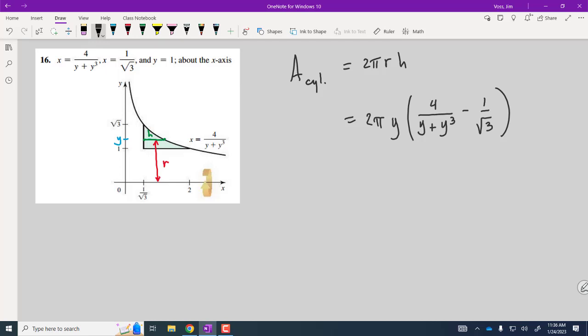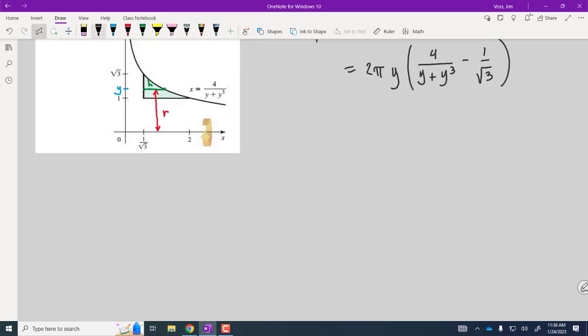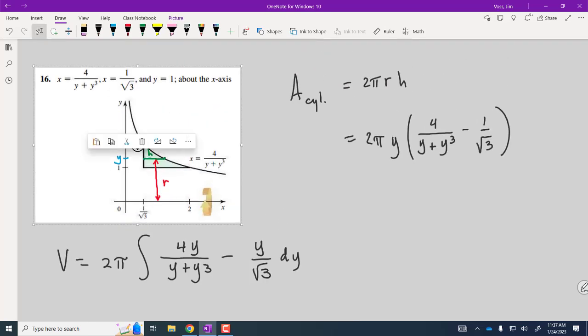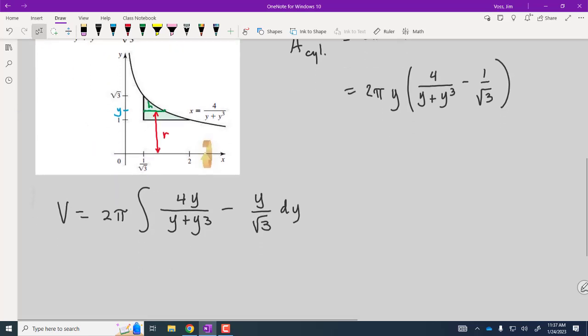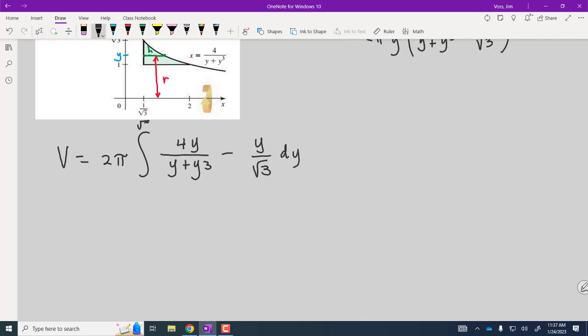Once you have the right area function, we just integrate it to get to the volume. So let's go ahead and factor out that 2 pi, and then we're going to have an integral. Let's distribute that y. So we're going to have a 4y over y plus y cubed minus y over the square root of 3 dy. And our limits of integration, they give us right here, 1 and square root of 3. So that is our setup.